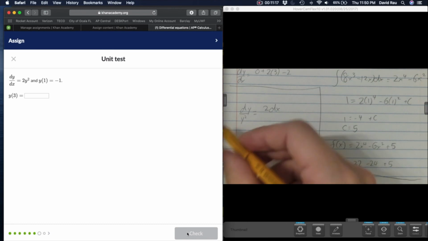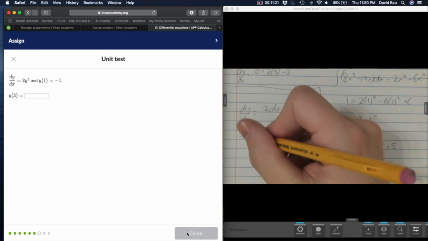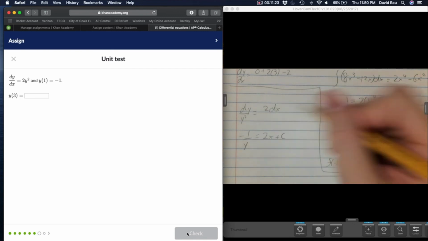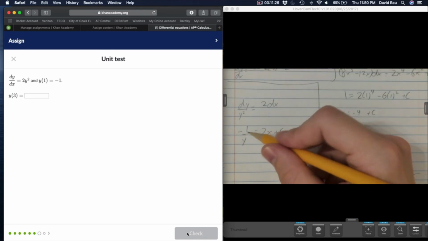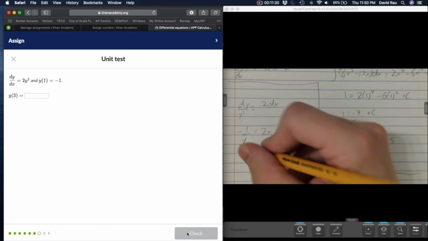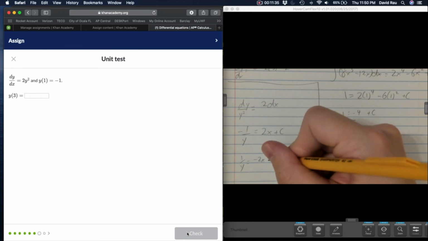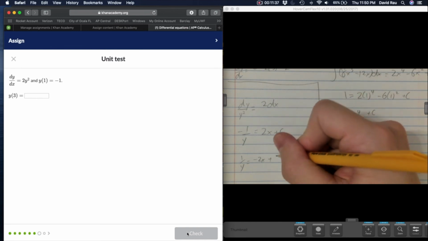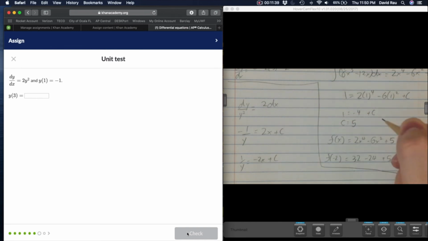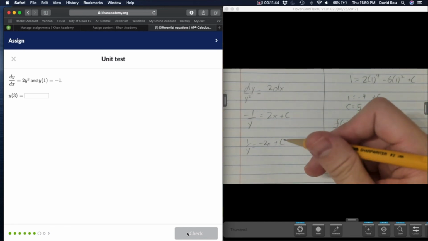And actually, it might be better, as we solve this problem, to write this as negative 1 over y to the positive first. So in solving for y, the first thing I'm going to do is distribute or multiply by negative 1. Negative 2x. Technically, a minus c is still a plus c, so the c can absorb the negative, that's okay, but theoretically you could write minus c, but I'm not going to.